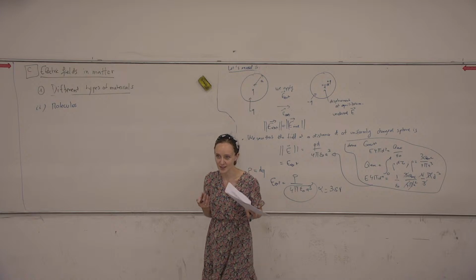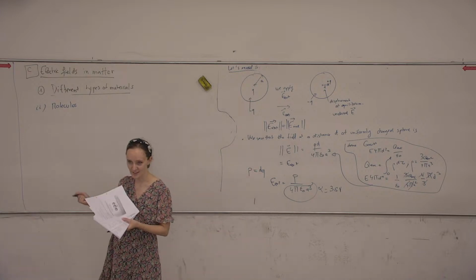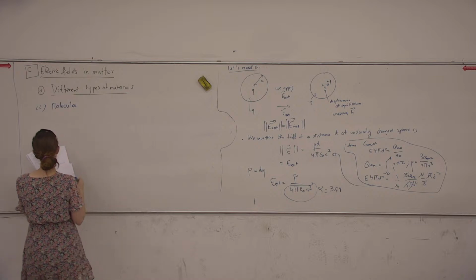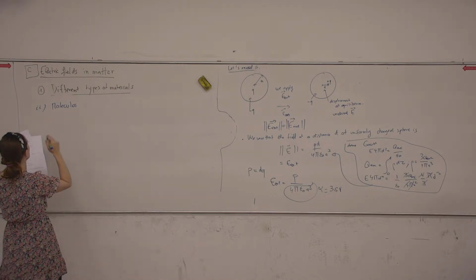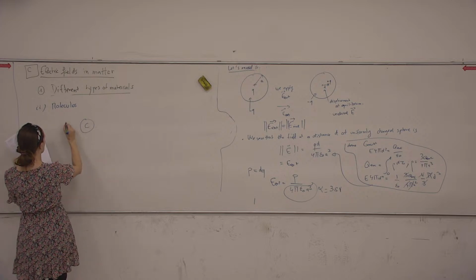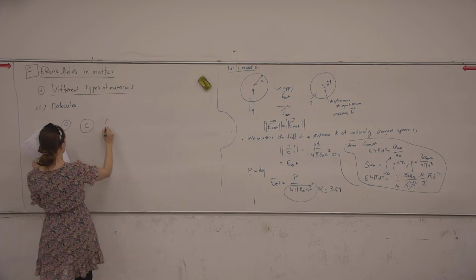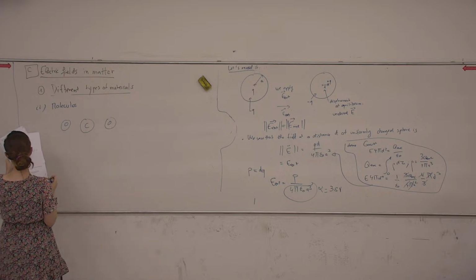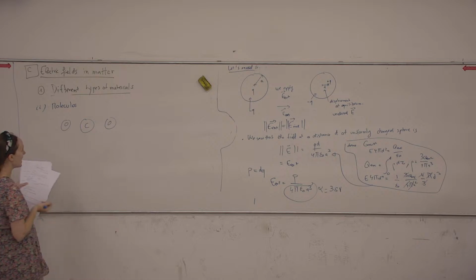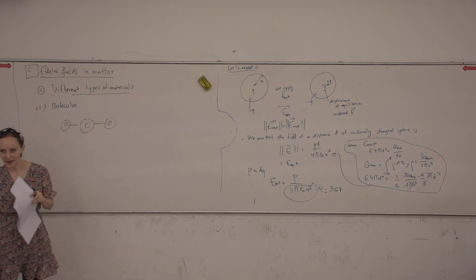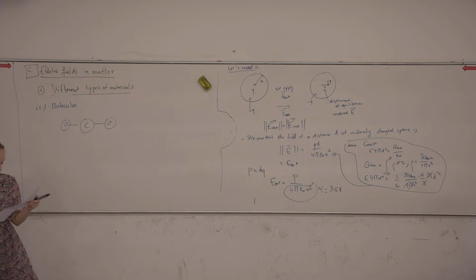It will define whether it's stretching in this direction or that direction. So it's not as simple. For example, if I have CO2, with C and O, you can guess that it will stretch more easily in some directions than in others, right?